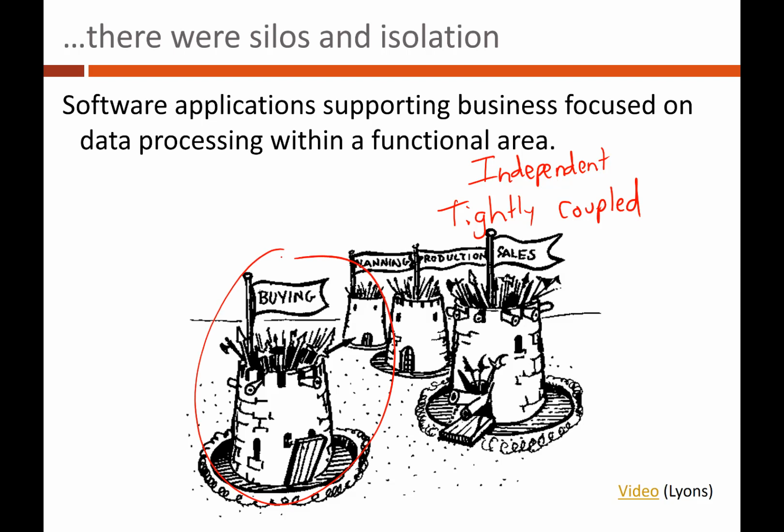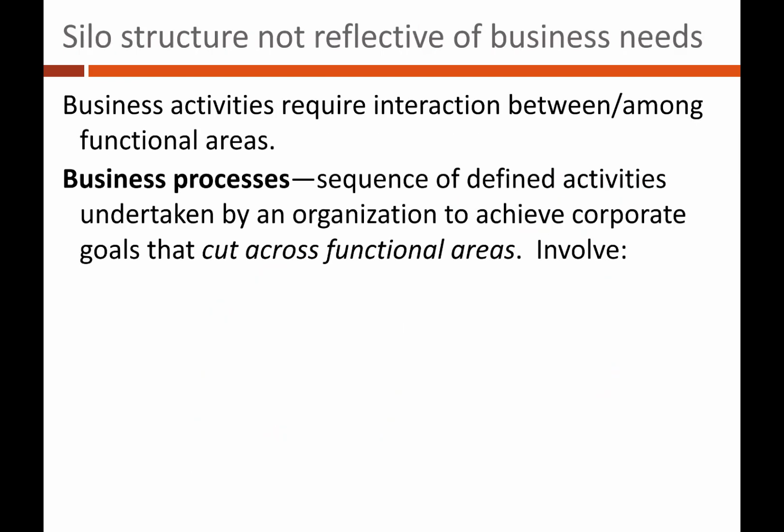The people in purchasing had a computer very focused on what they needed to do as employees working in the purchasing department. The salespeople had their own computer system very much focused on the work the salespeople needed to do. So we had these independent, tightly coupled computer systems that formed the foundation of how technology first came to business.